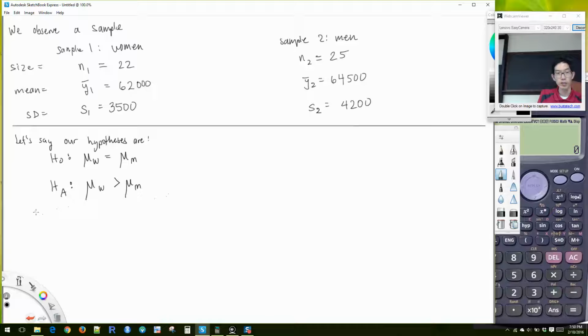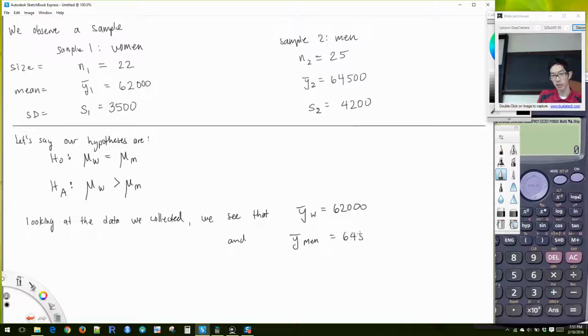If we look at the data we collected, we see that y bar for the women is equal to 62,000 and y bar for the men is 64,500.